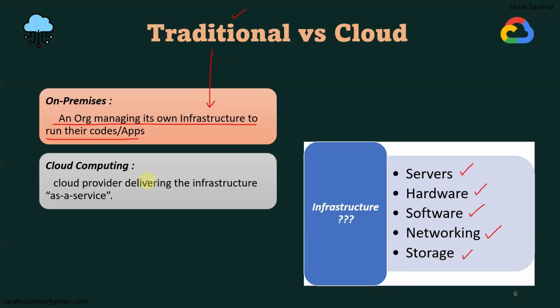That is what we call the cloud computing model. One of the cloud providers is Google Cloud Platform, which is one of the leading cloud providers to provide you the resources.